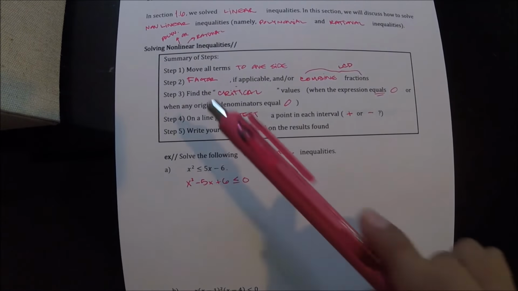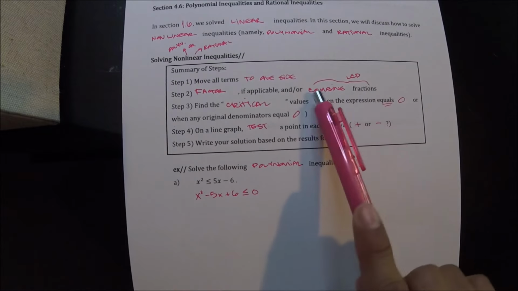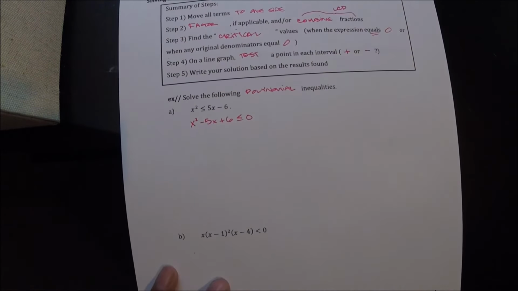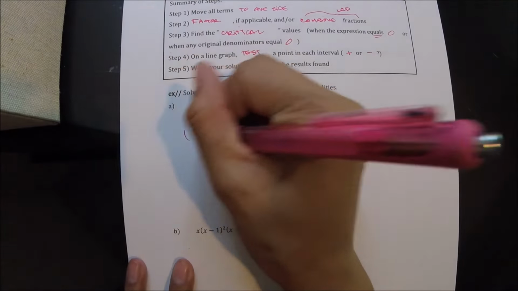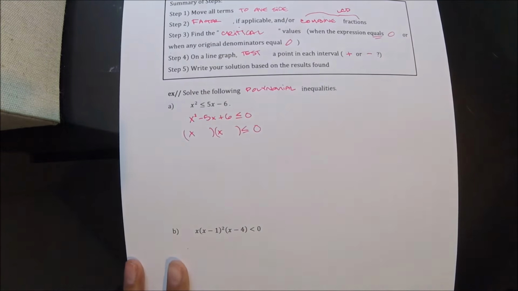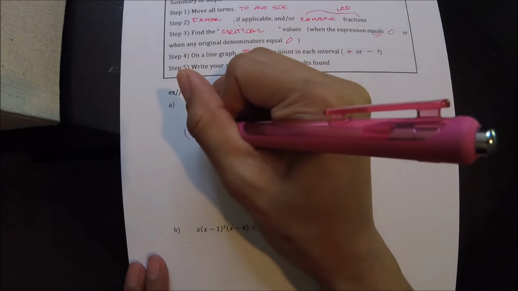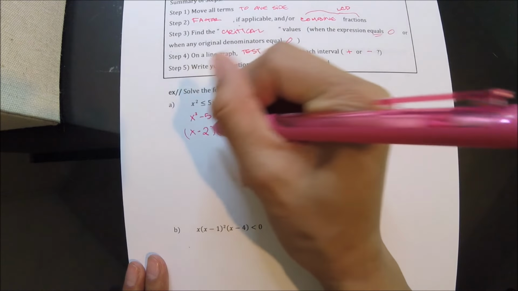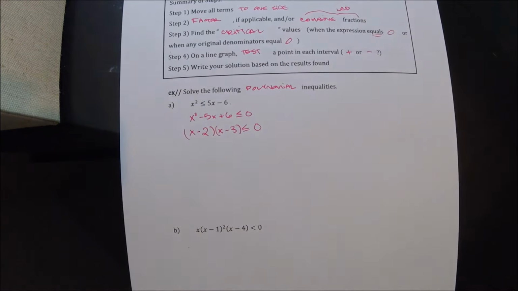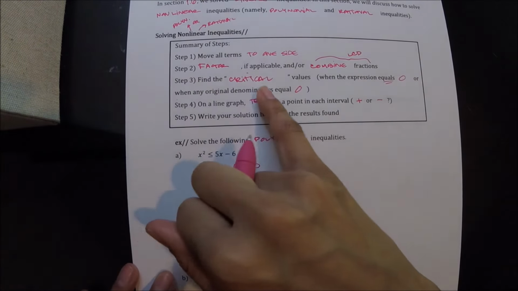Now step 2 says factor if we can, or combine fractions. Well, we don't have any fractions, but we can factor this. We need two numbers that multiply to 6 and add to -5. Those will be -2 and -3. Now we're on step 3, find the critical values.